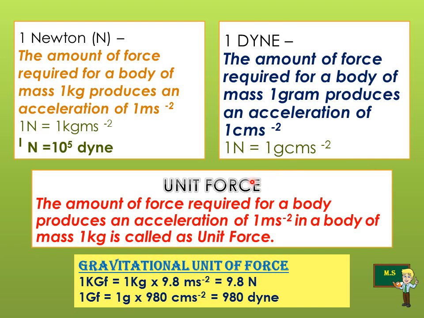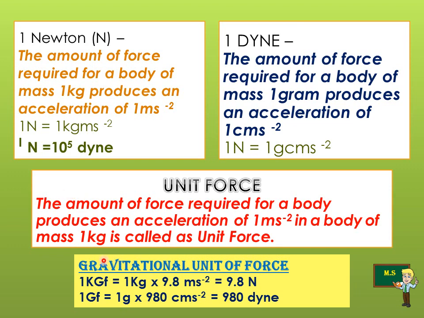Then unit force. What do you mean by this unit force? The amount of force required to produce an acceleration of 1 meter per second square in a body of mass 1 kg is called unit force.